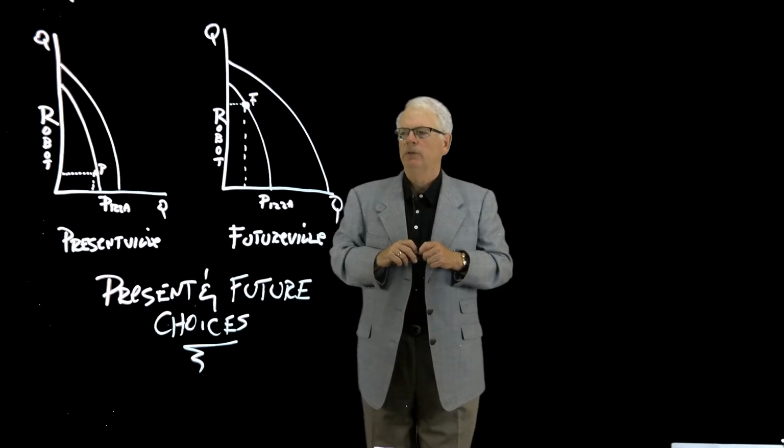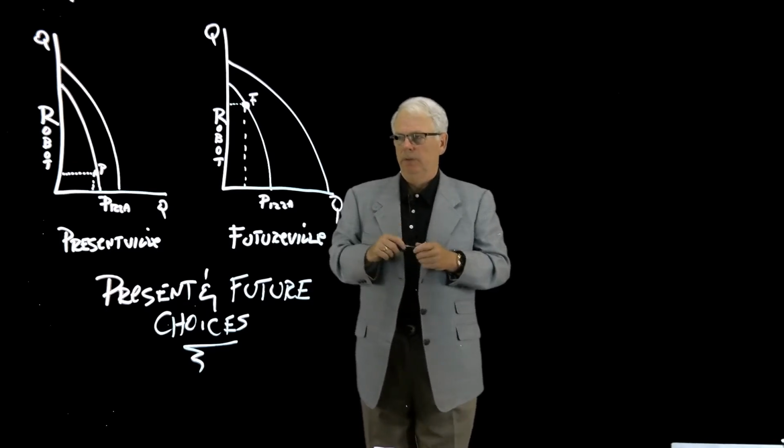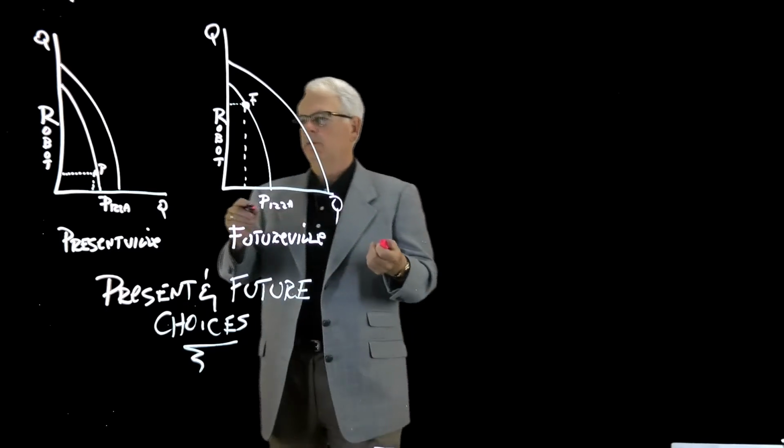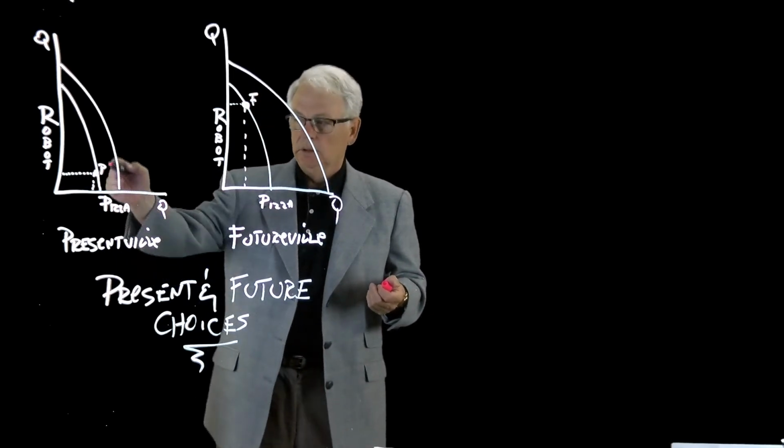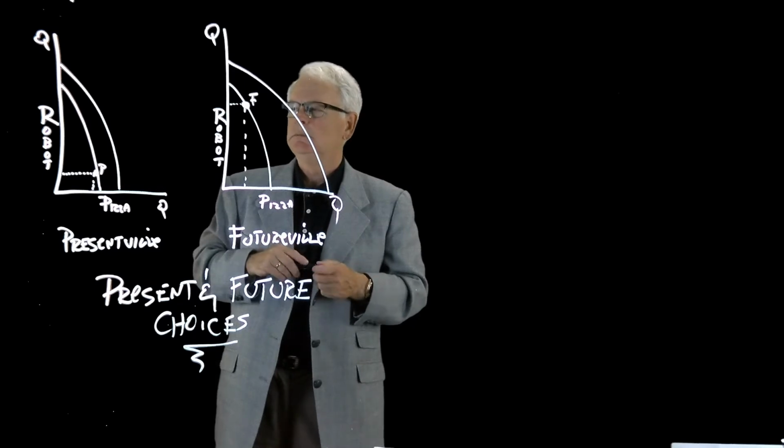In the case of Presentville, they prefer their mix of resources to be more pizza, fewer robots.